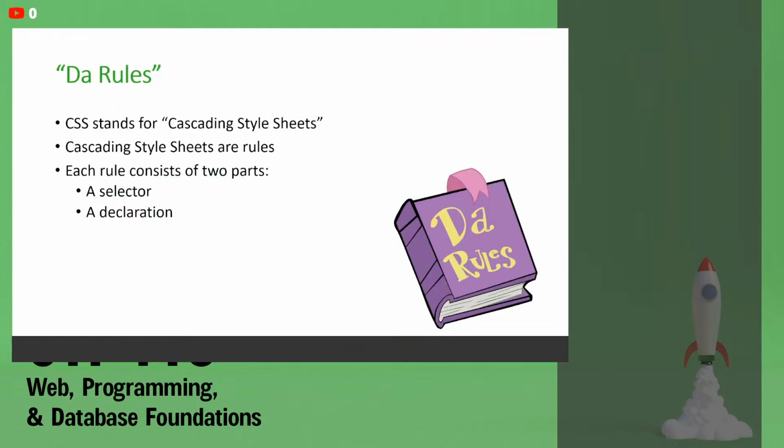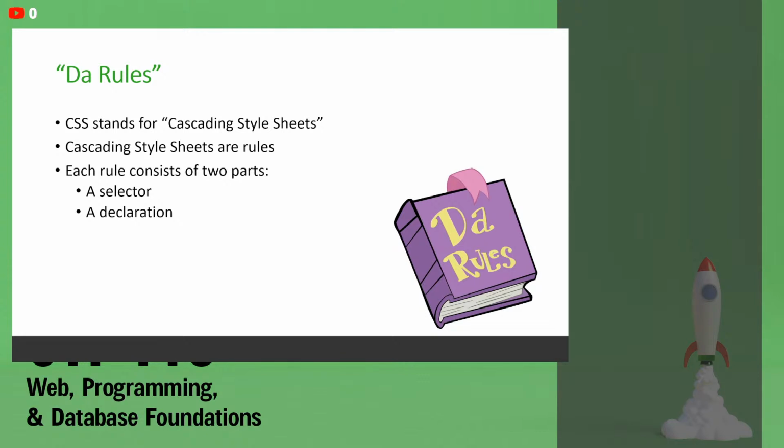When we're dealing with CSS, we're really dealing with rules. When we think about CSS, we can think about them as rules. CSS is another acronym, just like HTML was an acronym. If we remember back to when we were first talking about HTML a couple weeks ago, we said that HTML stood for Hypertext Markup Language. And now CSS is an acronym that stands for Cascading Style Sheets.